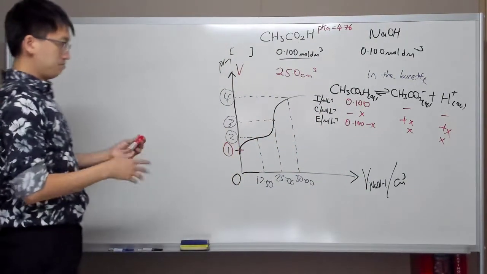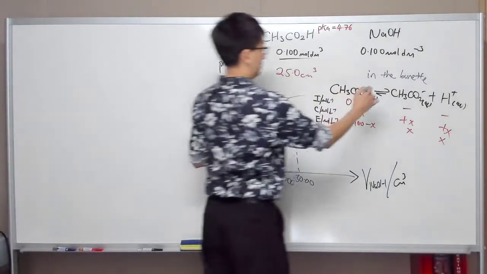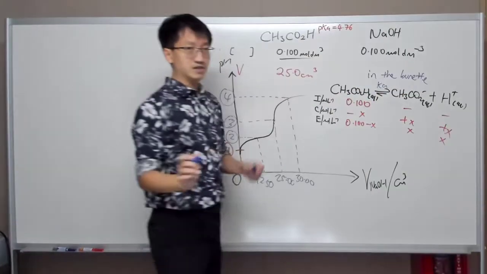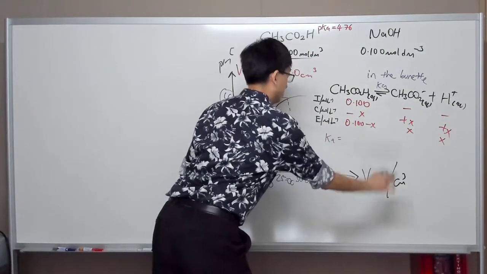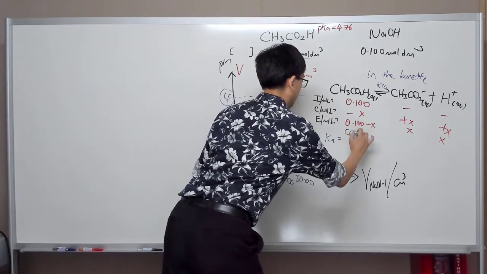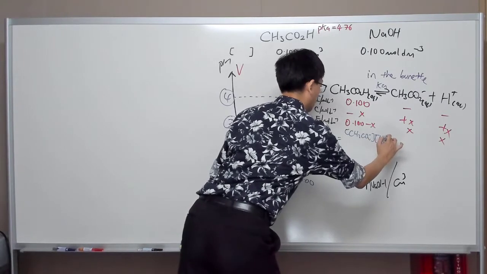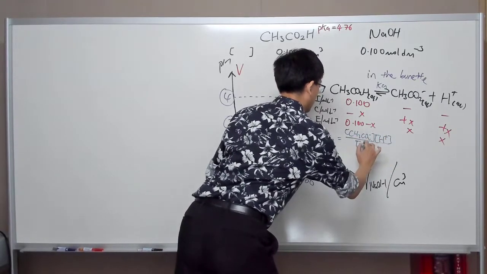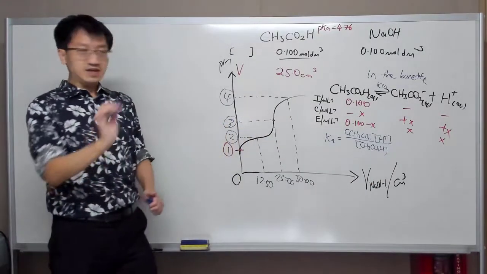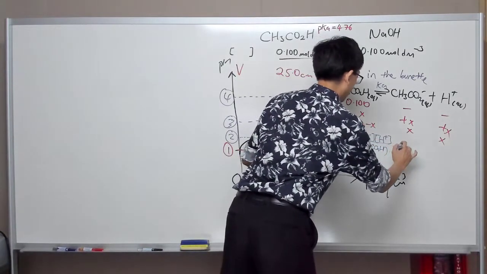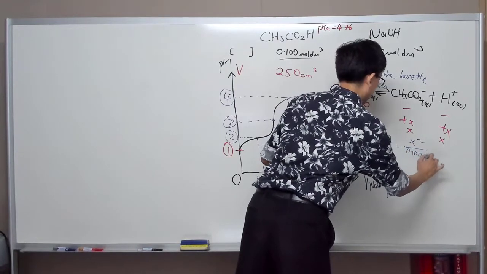Okay, then using simple acid-base equilibrium concept, here we are actually defining Ka. Okay, Ka is the acid dissociation equilibrium constant. So in that case, Ka will be equal to the equilibrium concentration of ethanoate multiplied by the equilibrium concentration of H plus, divided by the equilibrium concentration of ethanoic acid. Okay, right, and then from here you can equate to x squared over 0.100 minus x.